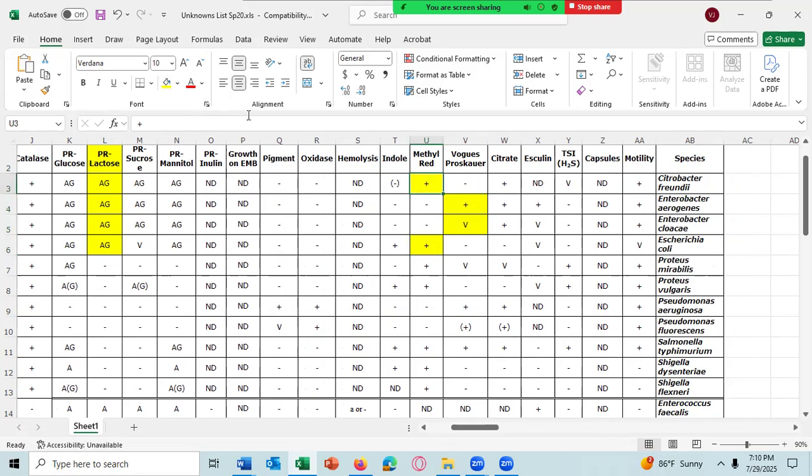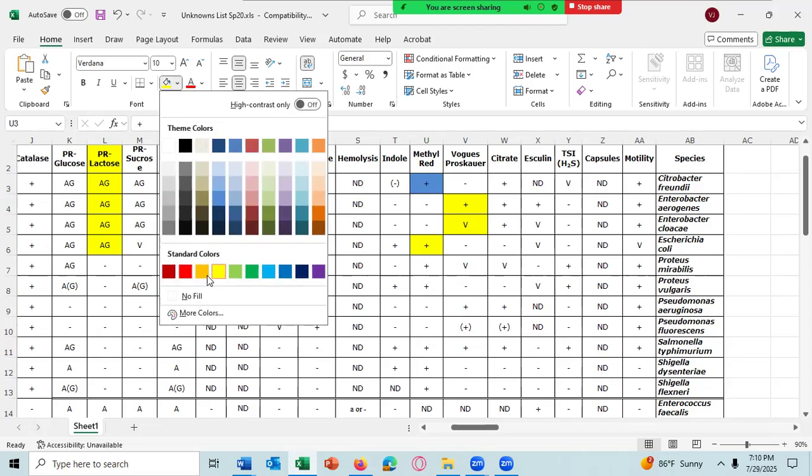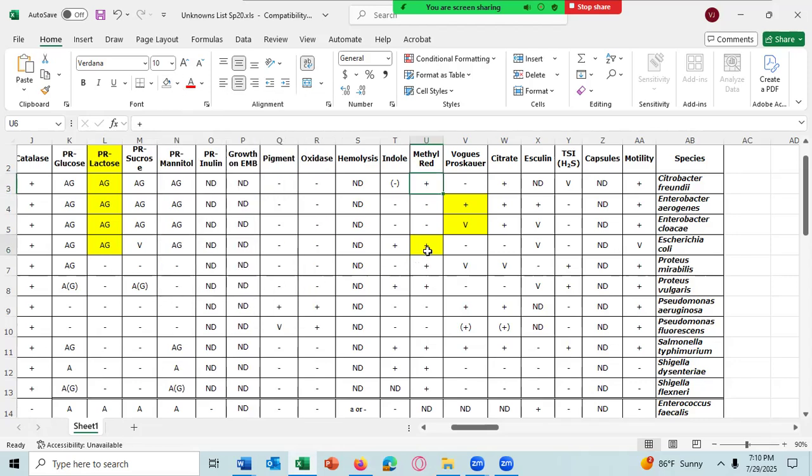So let's go ahead and remove those. What's good about methyl-red is there's no question. It's either a plus or minus. You'll note on the VP test that we have negative, positive, variable, and negative. If it's positive, it'll be these 2.